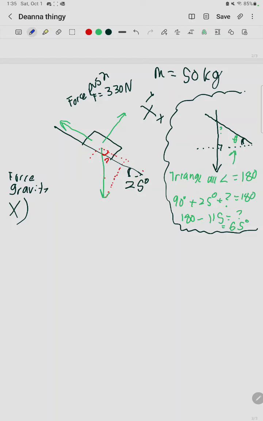So then you have your adjacent over here, hypotenuse, which is your force, and then your opposite angle over here. So adjacent, cosine, that stays the same. So then you have cosine, which is equal to adjacent over hypotenuse. Put the hypotenuse over, which is your force. So then you have force G cosine, I'm just going to put question mark, which turns into mg.